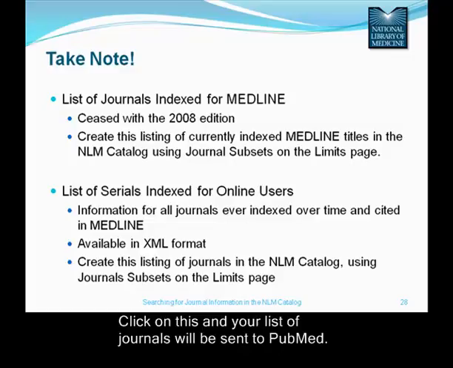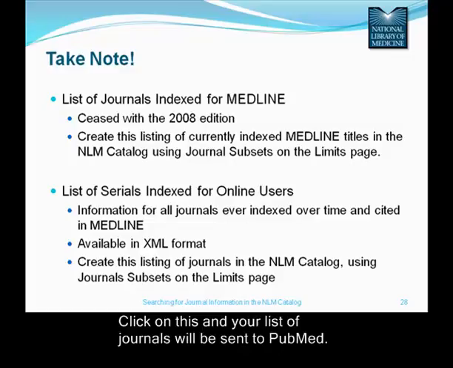The list of serials indexed for online users is still available from our NLM webpage in XML format, but you need to use that with a DTD. So an easier thing maybe for users is to just go to NLM Catalog, the journal subsets on the limits page, and choose journals currently or previously indexed for Medline.